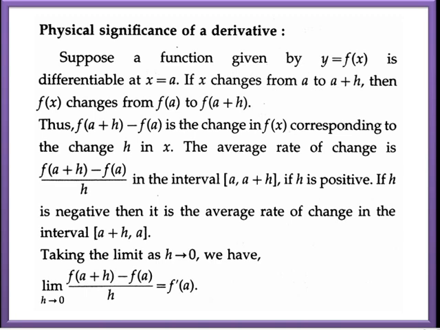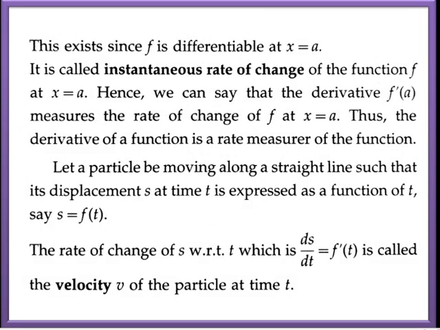Now what is the average rate of change? It is f of a plus h minus f of a upon h. Now if you take the limit as h tends to 0, you get what? The limit of f of a plus h minus f of a upon h as h tends to 0. But this is nothing but f dash of a. This exists. Why? Because initially I have told that f is a differentiable function at x equal to a.